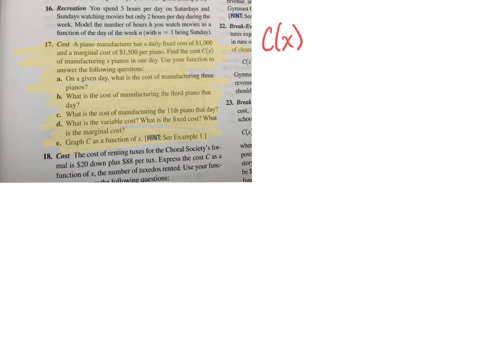Yes. 1,500x plus 1,000. Very good. Does anyone have questions about that? Or what questions do you have about that? So how were you able to come up with the 1,500 as your M? Well, it says per piano, so X would be the number of pianos that you're manufacturing.